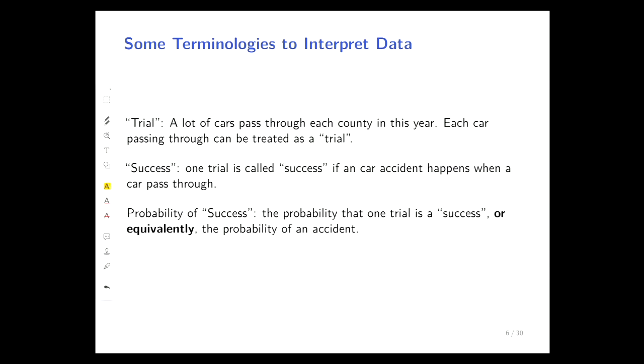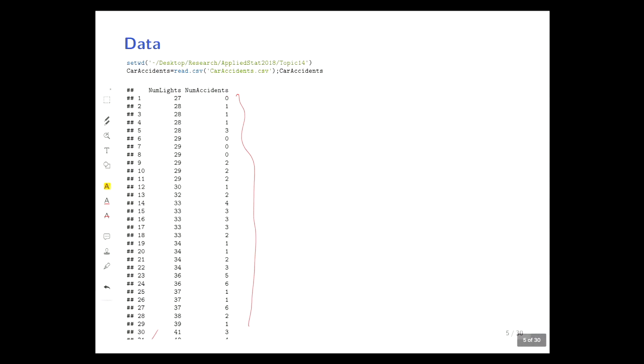These terminologies are exactly from the previous binomial logistic regression. We have the number of successes, which is the number of accidents, and we can denote it by Z. Z is the number of successes. We also have the explanatory variable X. If you still remember the binomial logistic regression, a natural question is, what's M?